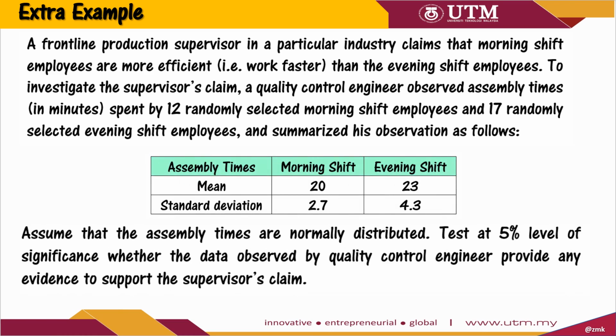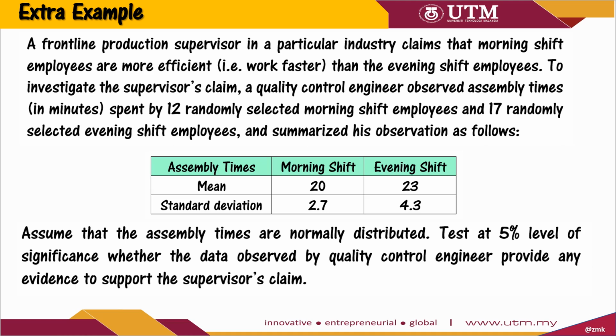Assume that the assembly times are normally distributed. Test at 5% level of significance whether the data observed by the quality control engineer provide any evidence to support the supervisor's claim.